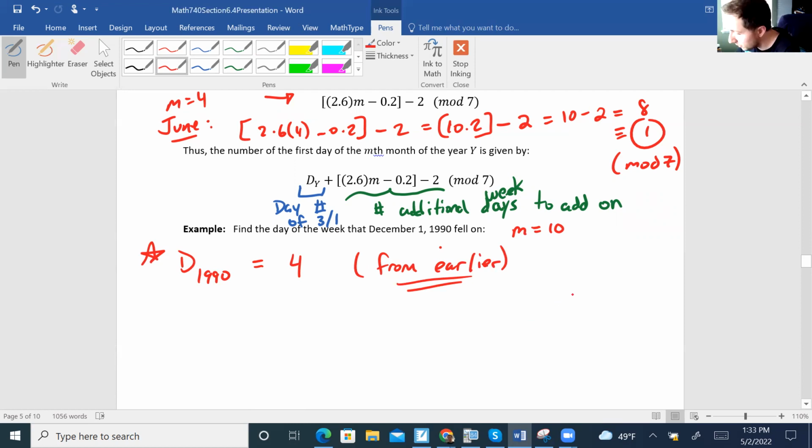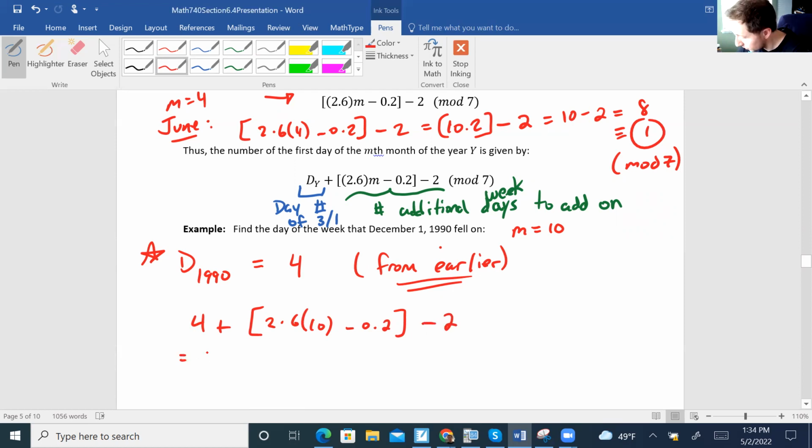Okay, so let's say I want to know December 1st, 1990. I'm going to take 4 plus 2.6 times my month number, which is 10, minus 0.2, and then subtract 2 outside the greatest integer function.